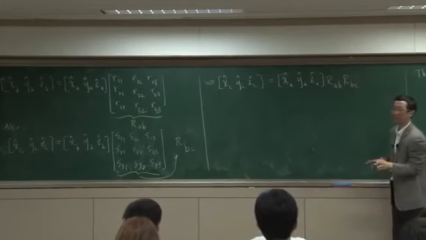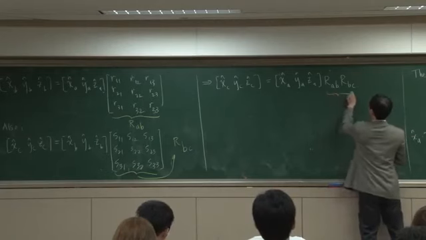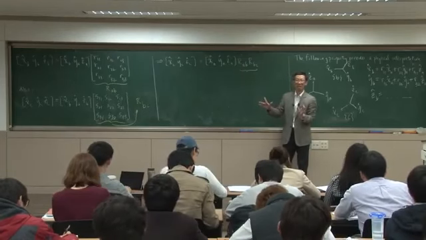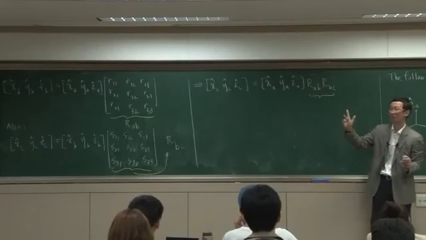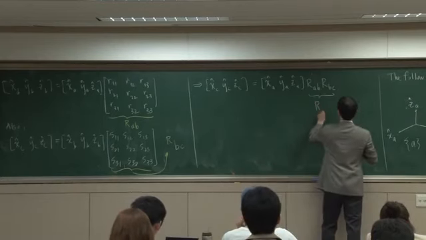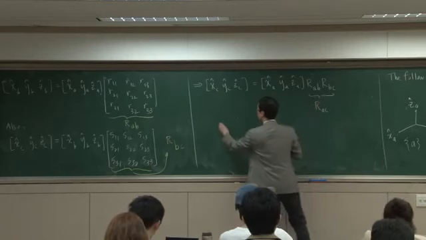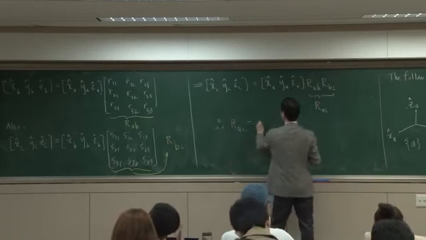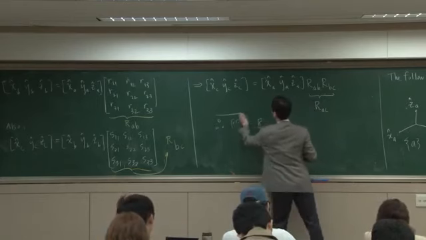So it follows that this matrix here, RAB times RBC, is a description of frame C as seen from A coordinates. That's what this notation implies. So this is RAC. So the final property we have is that RAC is just RAB times RBC.